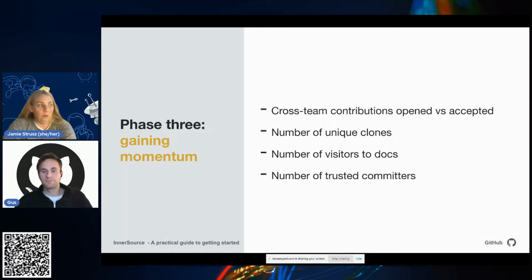And with all 3 of these phases, we don't just go 1, 2, 3, and that's it. That's not how InnerSource works. It's not how life works. Again, it's a huge cultural shift, a huge cultural change. So even though you've made it to phase 3, we're going to go back and add seed projects. We're going to go back and add communities, and we're going to start over. We're going to reaffirm what we have, and we're also going to build upon it.